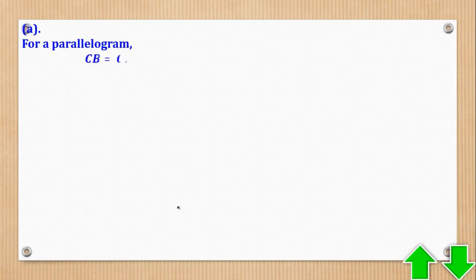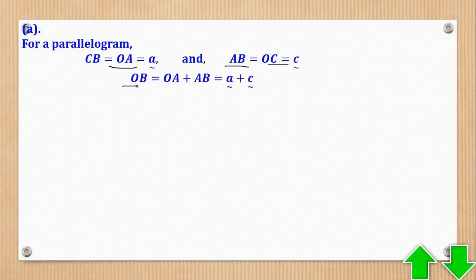So for a parallelogram, CB is equal to OA and AB is equal to OC. Therefore, OB is equal to OA plus AB, which is A tilde plus C tilde.